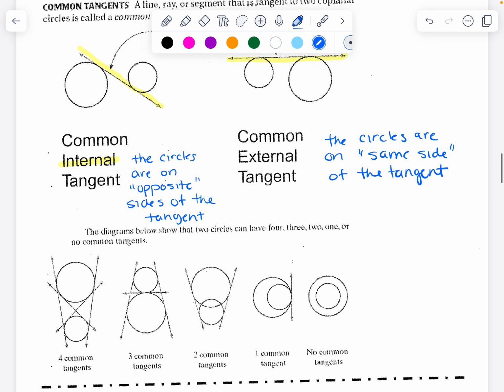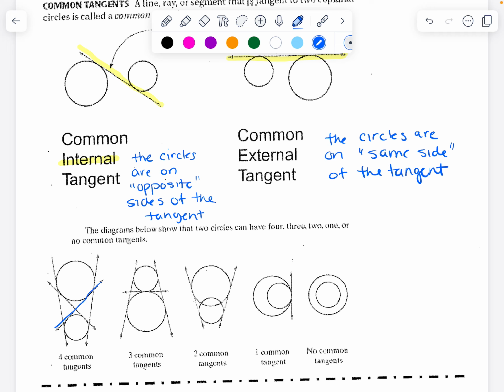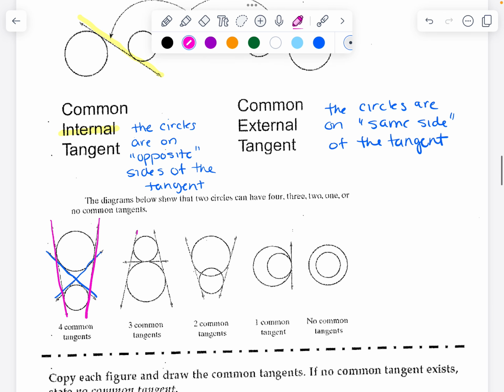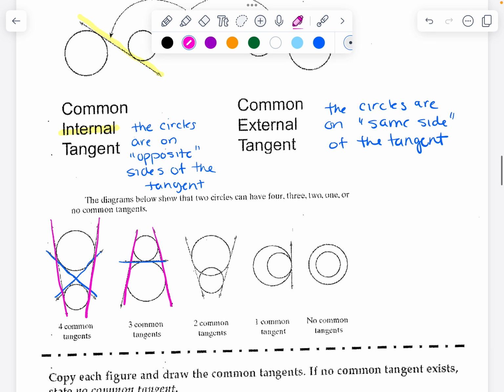So here we have two internal tangents, whereas we have two external tangents on the outside. Here we have two external tangents on the outside, but then only one internal tangent. Here we have no internal tangents and only two external tangents. And here we only have one external tangent and then no internal tangents.